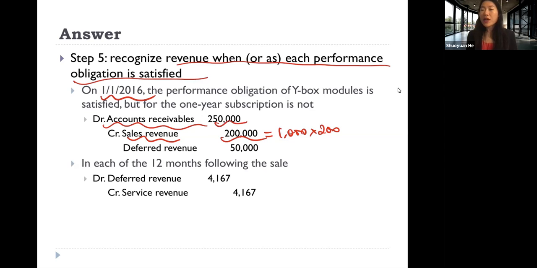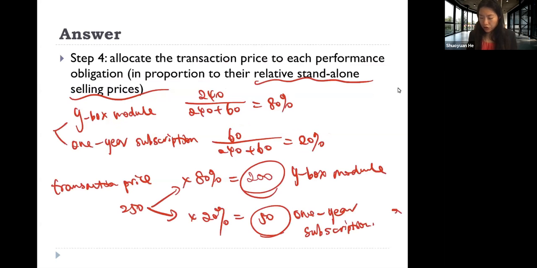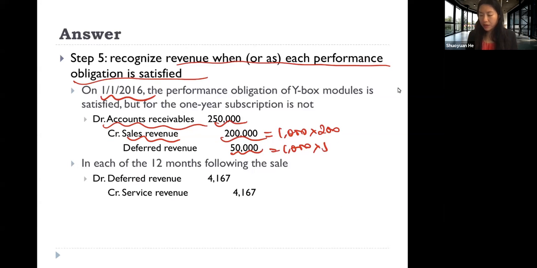That is for the total system, the whole system. However, out of that 250,000, 50,000 cannot be recognized yet. This is the amount that is allocated to the 1 year subscription, because on January 1st, 2016, the firm hasn't performed any of that service yet.